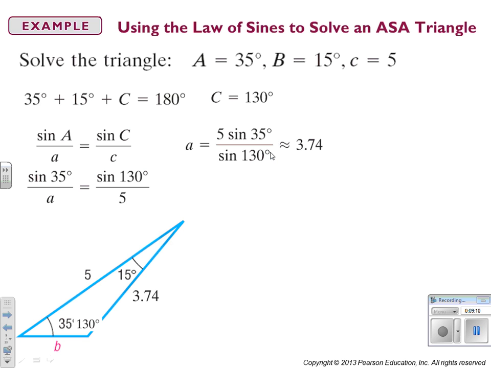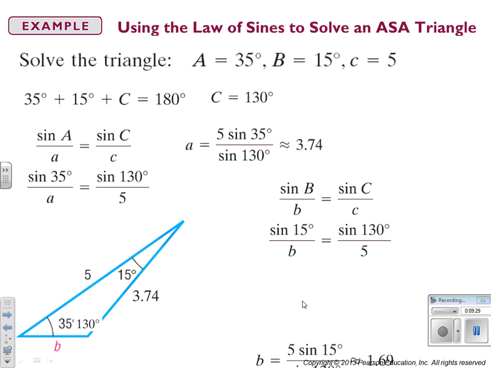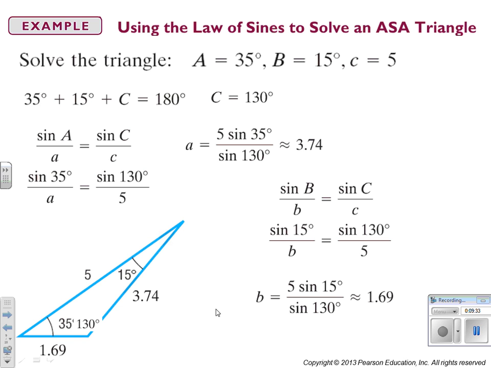Or if you did it incorrectly, then not only will you get that one wrong, but you'll get the next one wrong for sure. So it's safer to go ahead and use sine C again, since we know those for sure. So that's again cross multiplying: 5 sine 15 divided by sine of 130, and that's approximately 1.69. And then we've solved for that triangle.